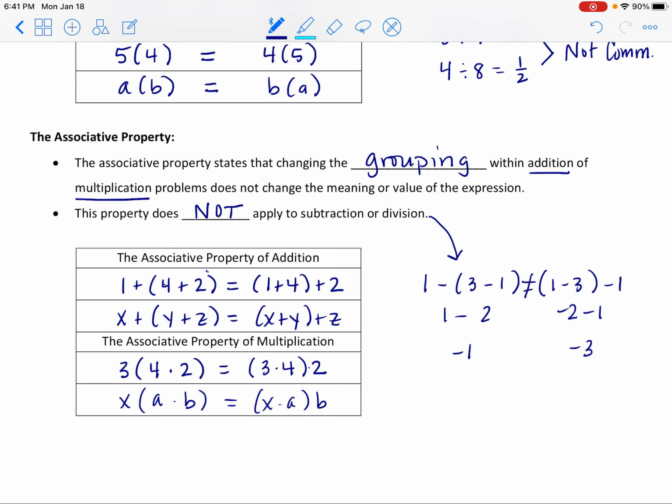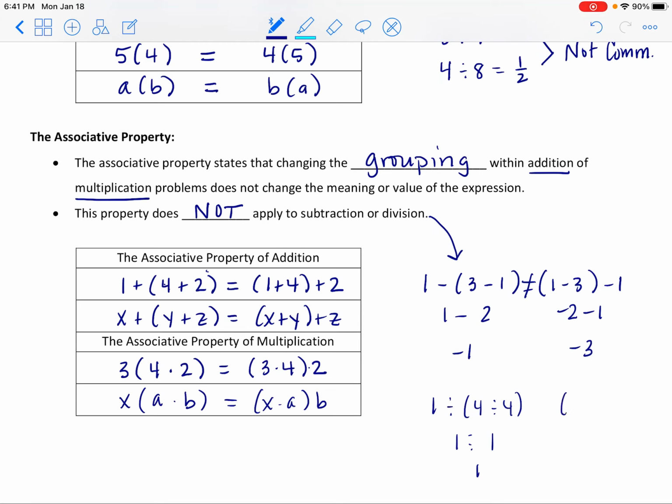And it's not going to work for division either. So if you had, I don't know, let's say 1 divided by (4 divided by 4). Okay, in the parentheses, 4 divided by 4 is 1, and 1 divided by 1 is going to give me a 1 here.